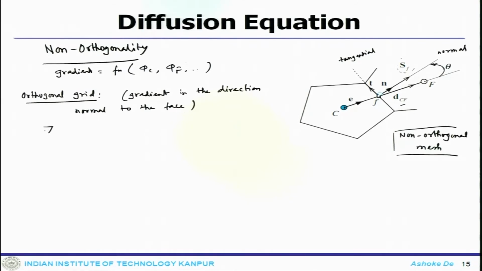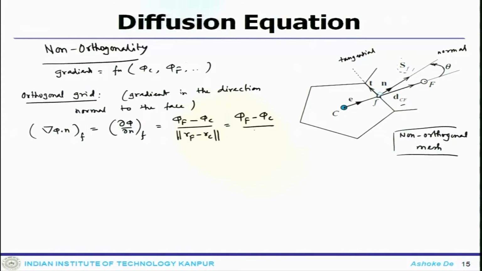What we have got is del phi dot n at face equals del phi by del n at f, which is phi F minus phi C divided by rF minus rC, which one can write as phi F minus phi C divided by dCF. So, essentially this is the distance vector between these two cell centers.